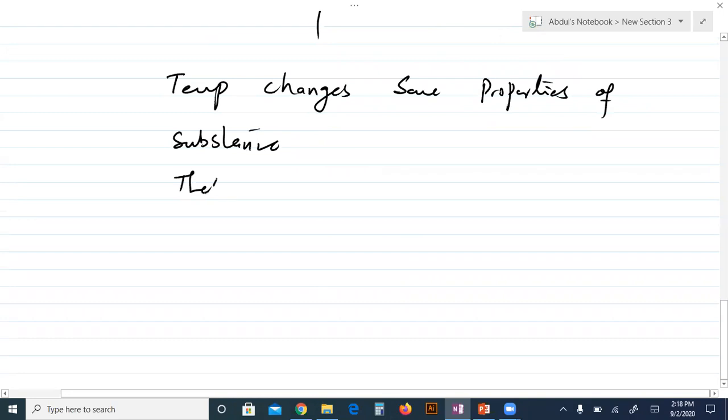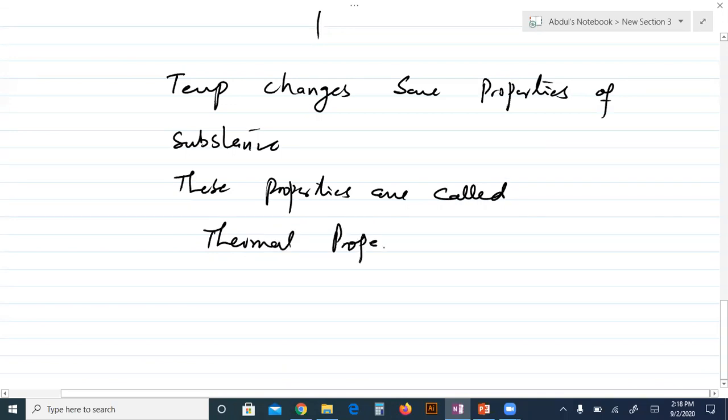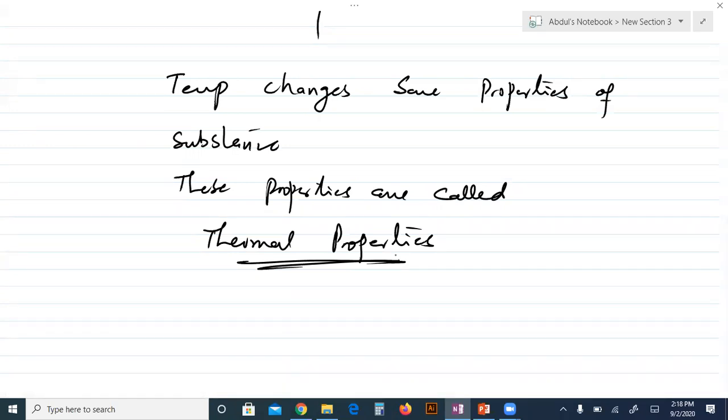And these properties are called thermal properties. So any property of the substance which changes with temperature is called thermal property.